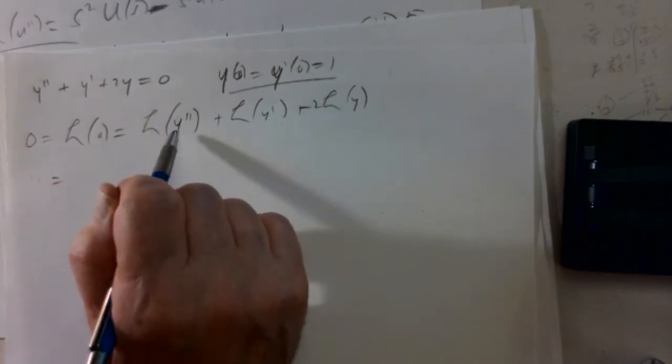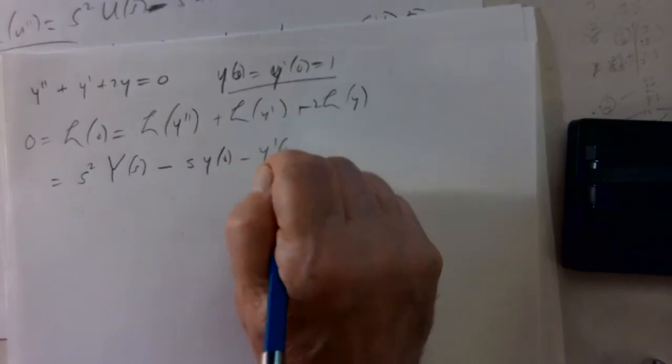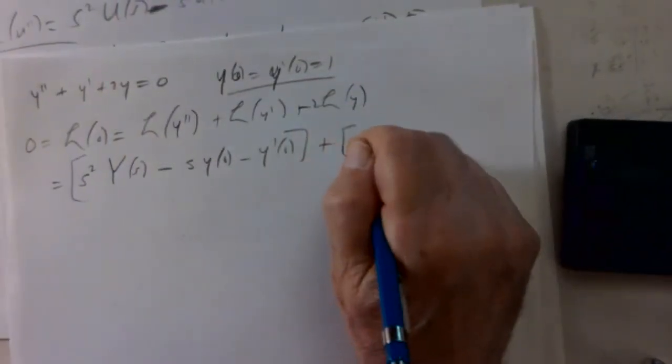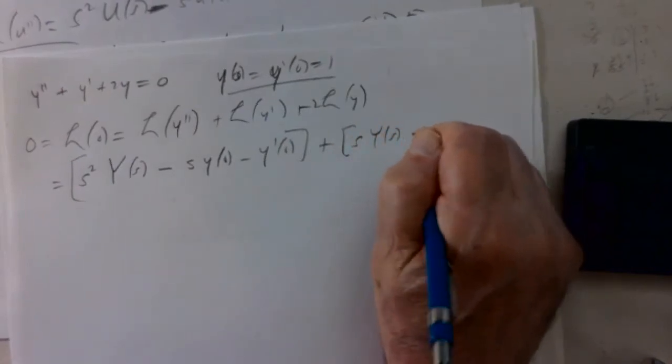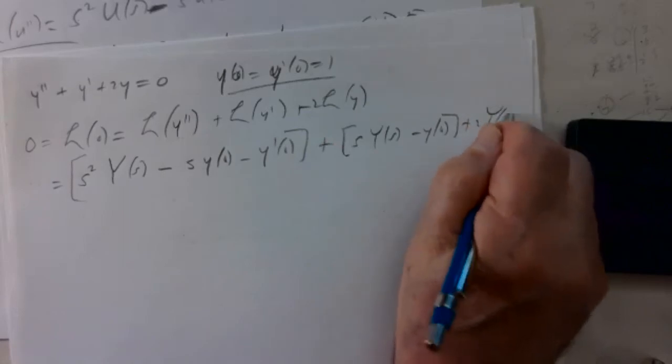The Laplace transform of y double prime is s squared, and I'm using capital Y now for the Laplace transform, capital Y of s, minus s times y of 0 minus y prime of 0, plus L of y prime. That's s Y of s minus y of 0, plus 2 times the Laplace transform of y.